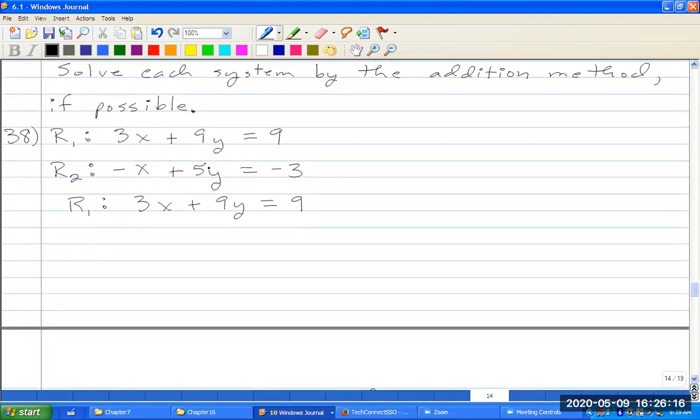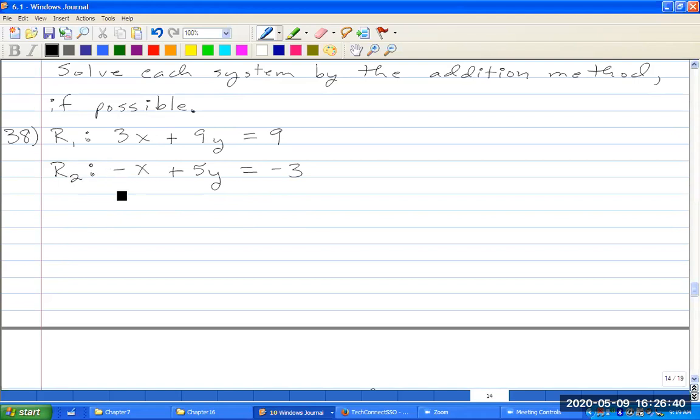Okay, so here, solve each system by the addition method if possible. So problem number 38. R1, 3x plus 9y equals 9.